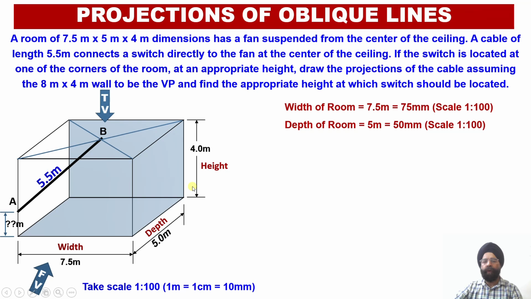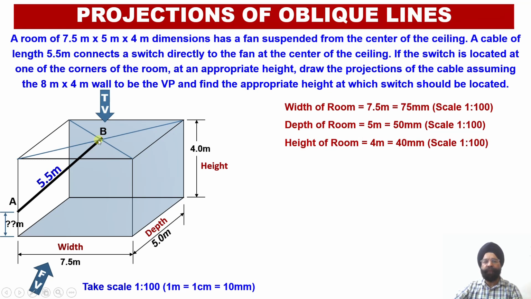Similarly, the depth of the room, which is 5 meter, will be represented as 50 millimeter, and the height of the room, which is 4 meters, will be represented as 40 millimeter. Similarly, the true length of the cable, which joins the switch with the center point of the ceiling, will be represented as 55 millimeter in the front view as well as in the top view.